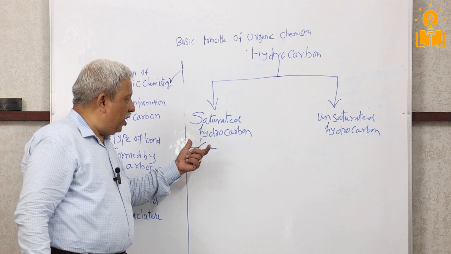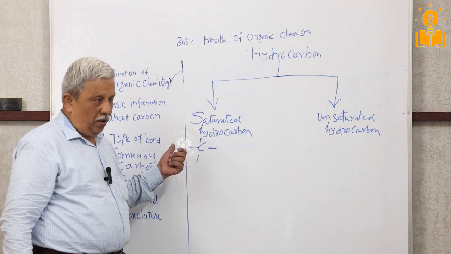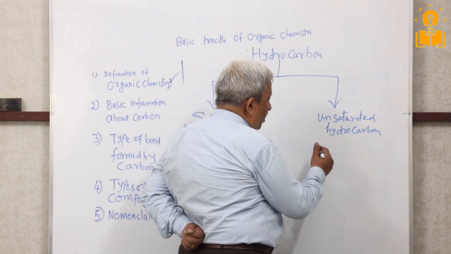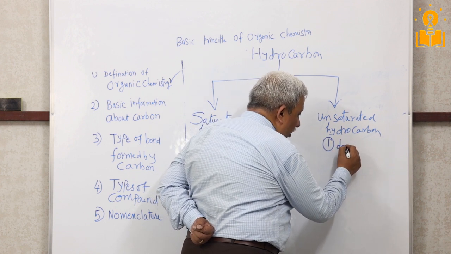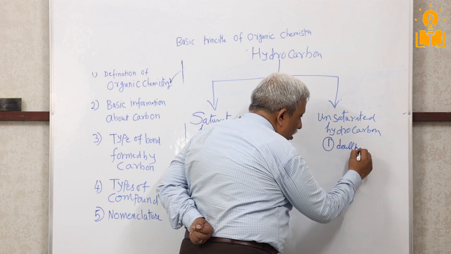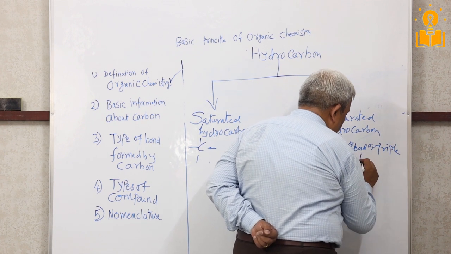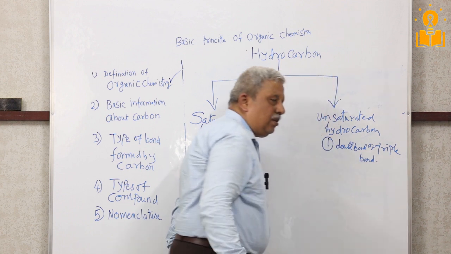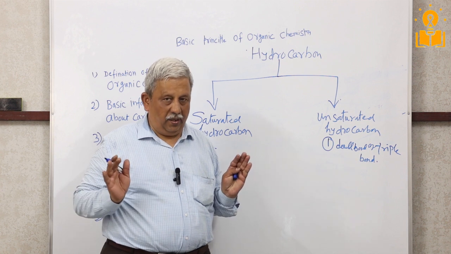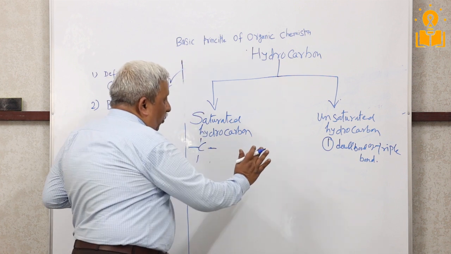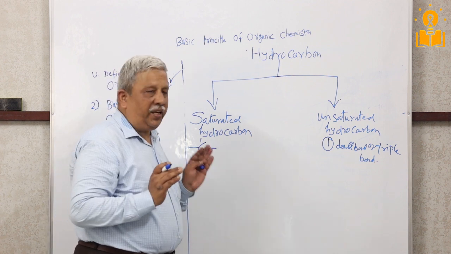Unsaturated hydrocarbons are those which contain at least one double bond or triple bond. That means the valency of the carbon is not completely fulfilled. So in a broad way, there are two different types of compounds, saturated hydrocarbon and unsaturated hydrocarbon.